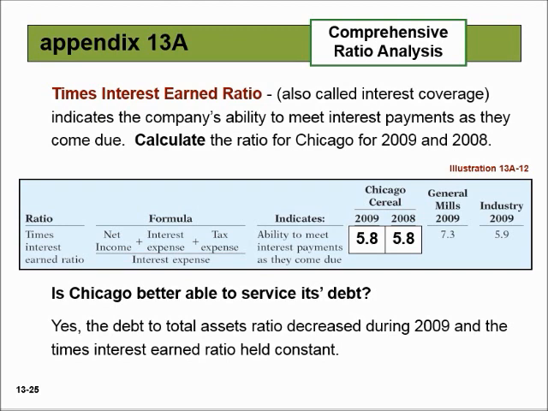It tells us the ability to meet those interest payments as we actually have to pay them. And so if we take a look, Chicago has a times interest earned ratio of 5.8 both years. And we also see we're right about there with the industry average. Now General Mills, however, they're a little bit better. They can pay theirs a little bit better than we can.